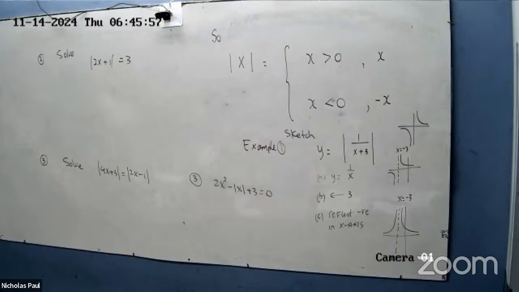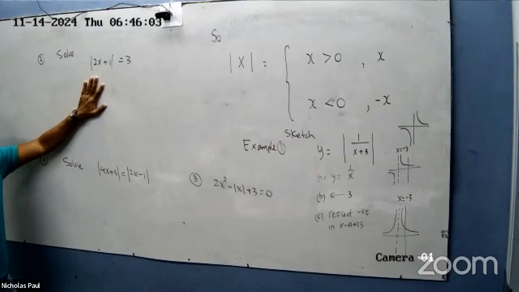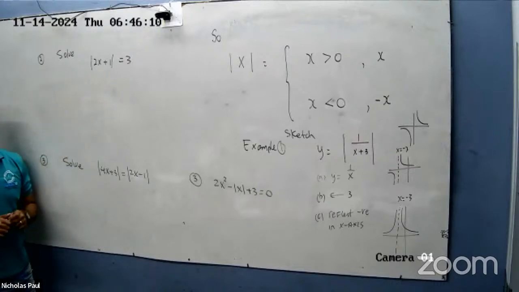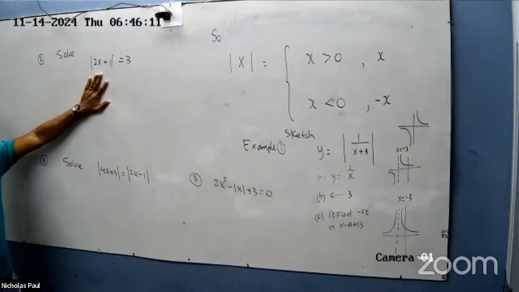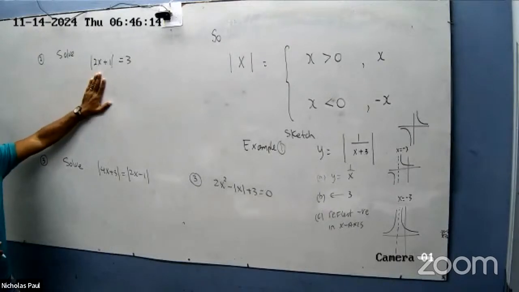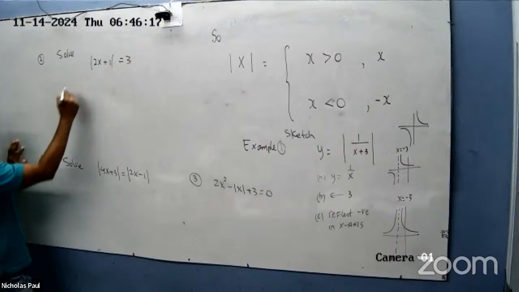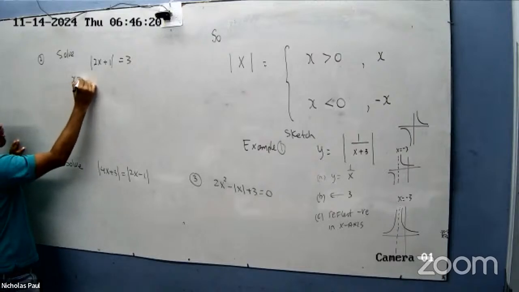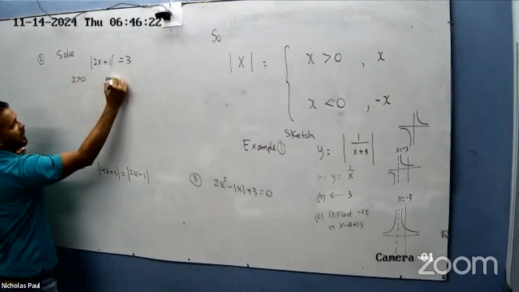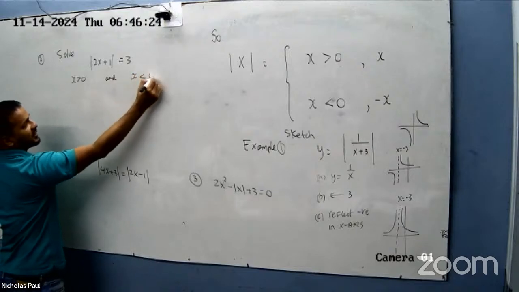Ready? Keshav, here's our problem. We have to solve functions that look like this. In order to solve functions like this, we have to consider 2 things: when x is more than 0, and when x is less than 0.